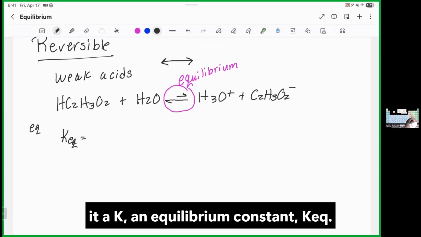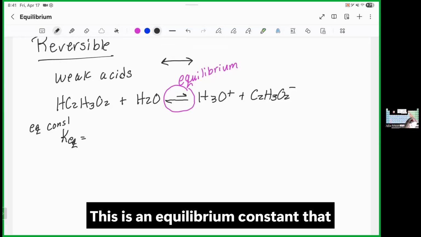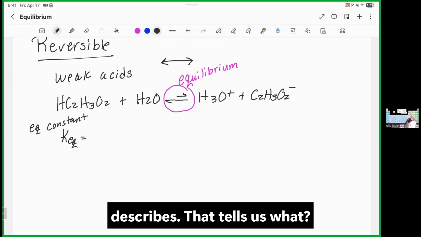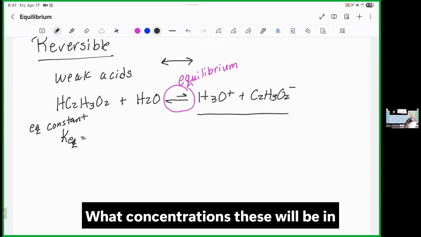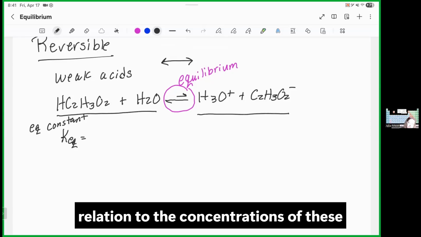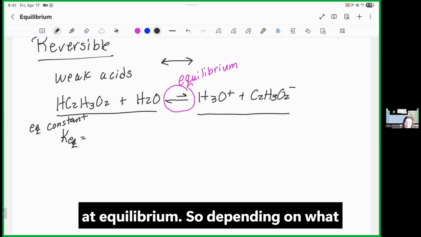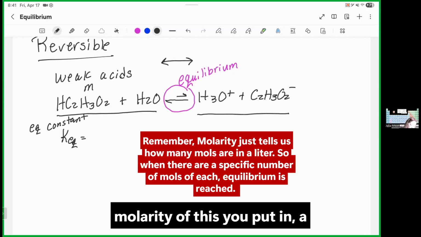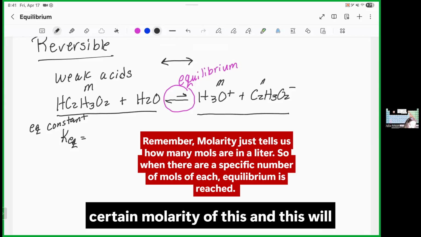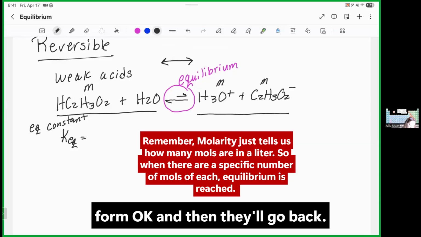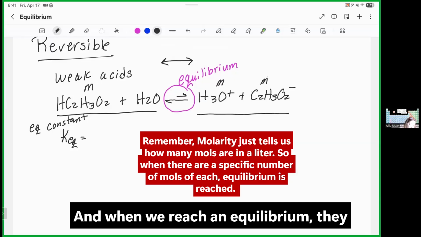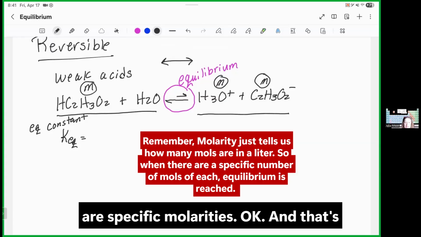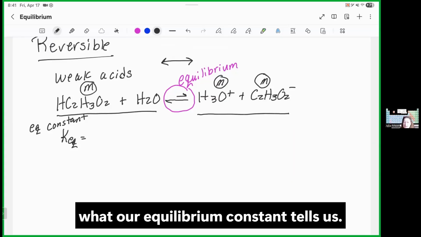This is an equilibrium constant that tells us what concentrations these will be in relation to the concentrations of these at equilibrium. So depending on what molarity of this you put in, a certain molarity of this and this will form. Okay, and then they'll go back, and when we reach an equilibrium, they are at specific molarities. And that's what our equilibrium constant tells us.